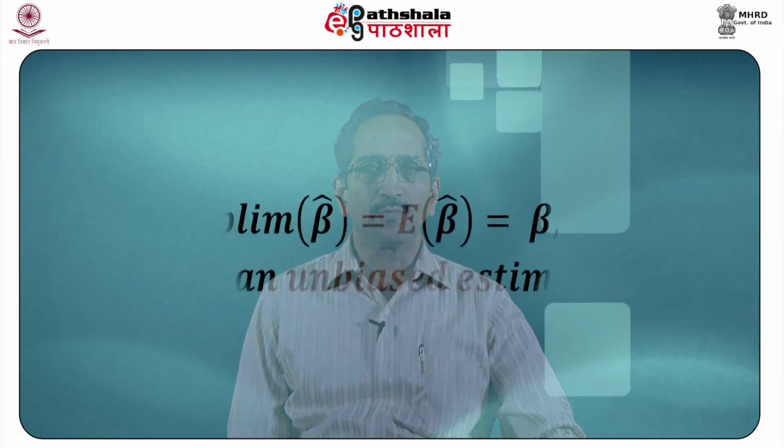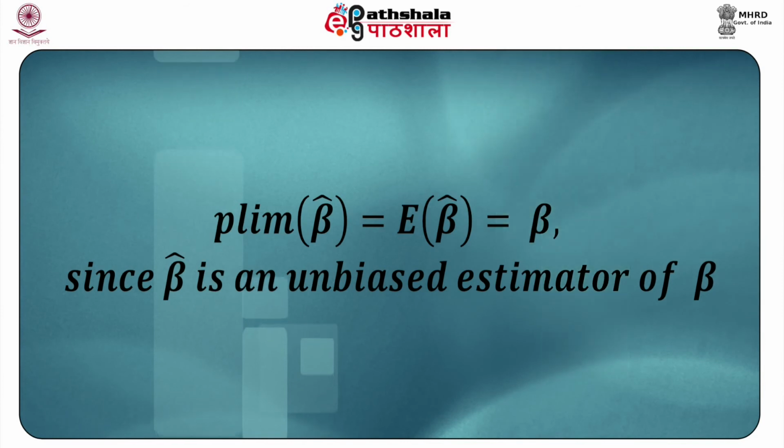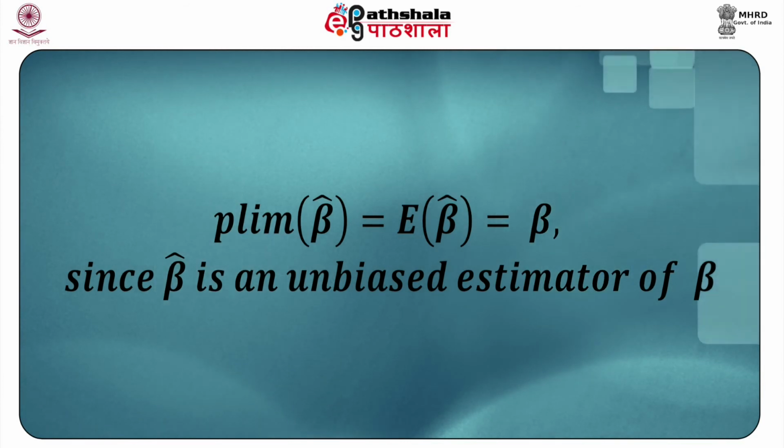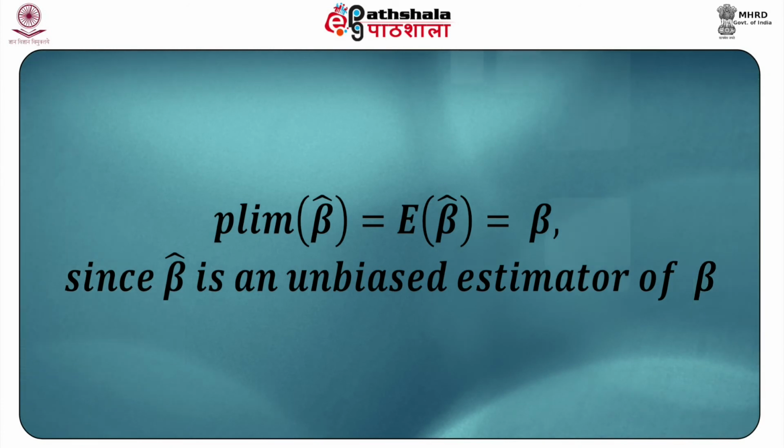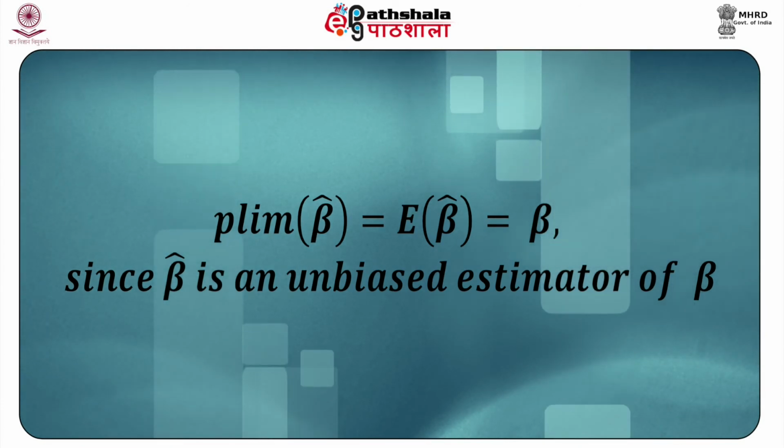That is, the probability limit of beta hat is equal to the expected value of beta hat, and this is equal to beta, since beta hat is an unbiased estimator of beta. Hence, the OLS estimator is consistent. Note again that this proof did not require any assumption on the variance of the error term. So, the presence of heteroscedasticity will not alter the consistency property of OLS estimators.